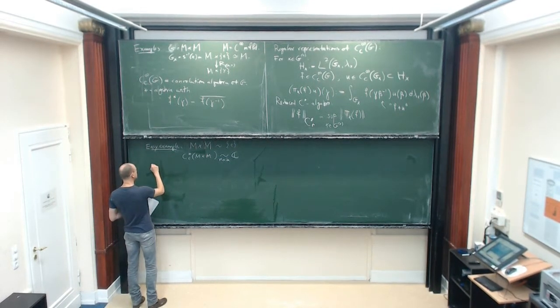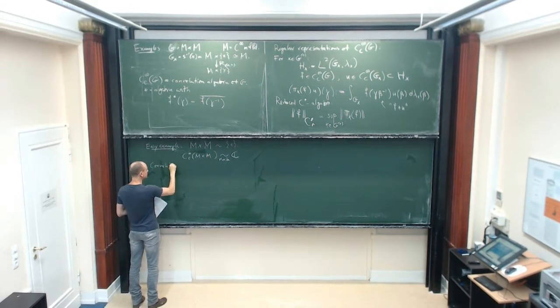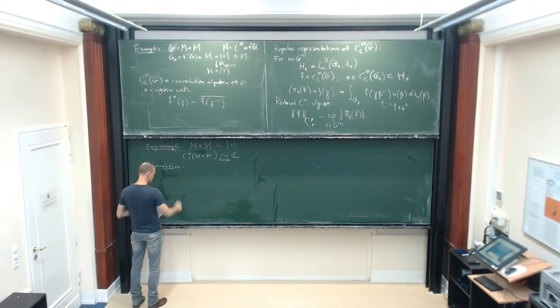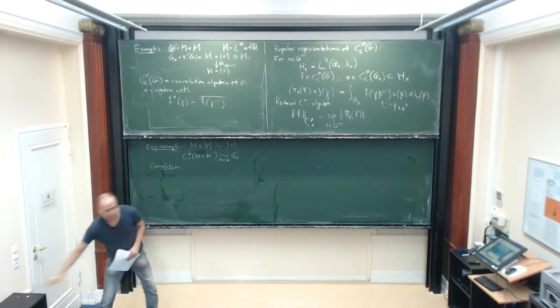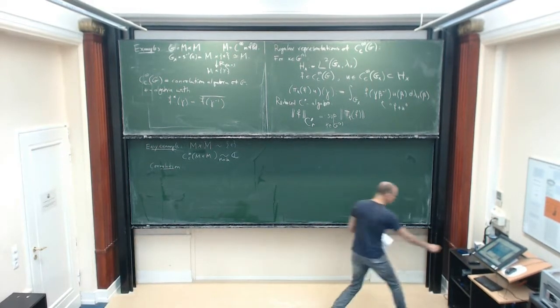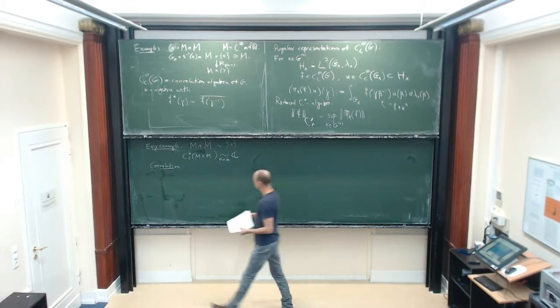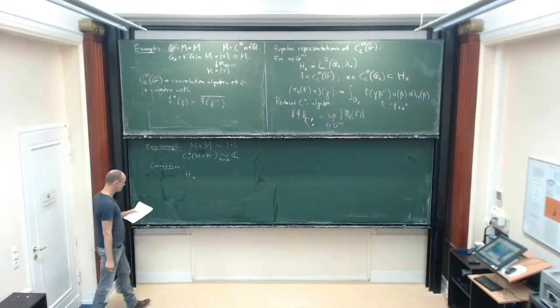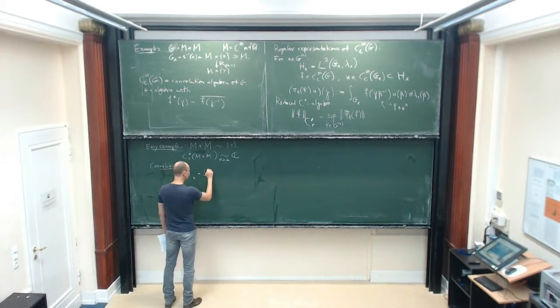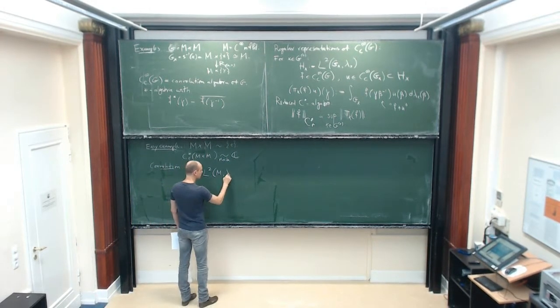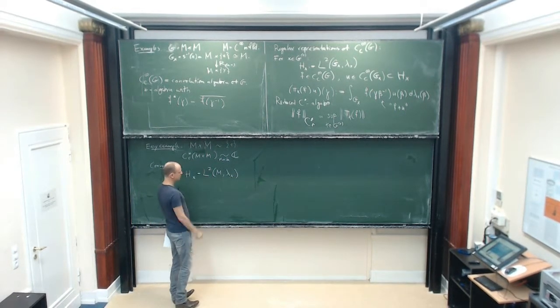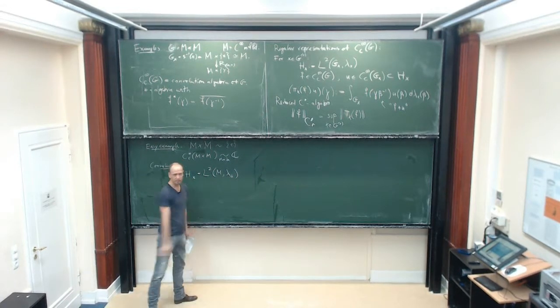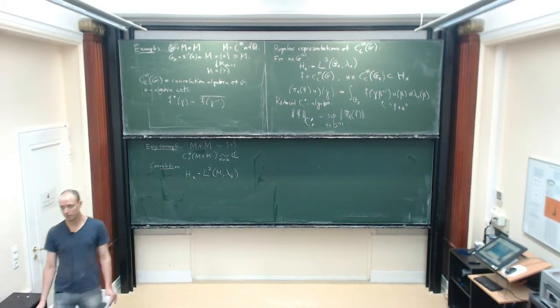Okay, so my Hilbert space, this is supposed to be this, but since this is independent of x, it's really all the same Hilbert space.